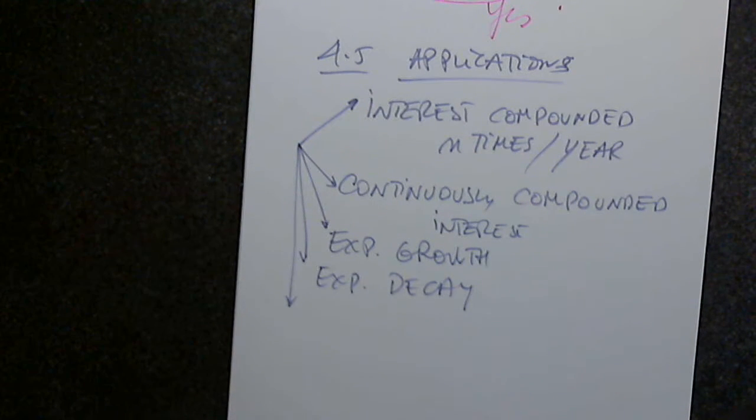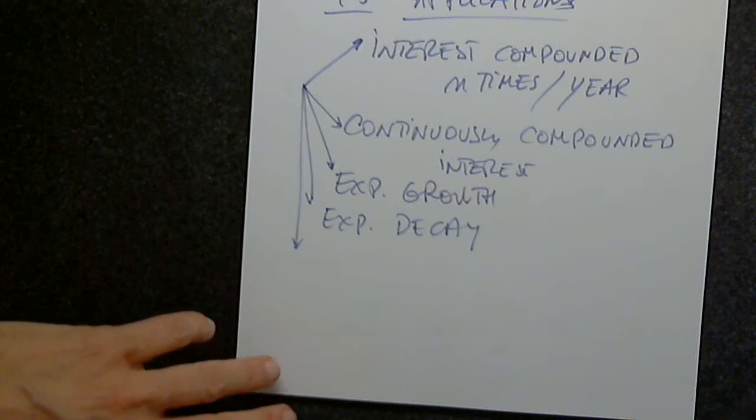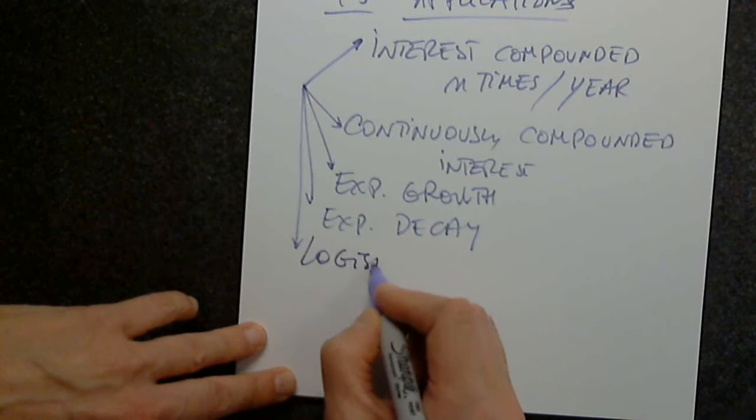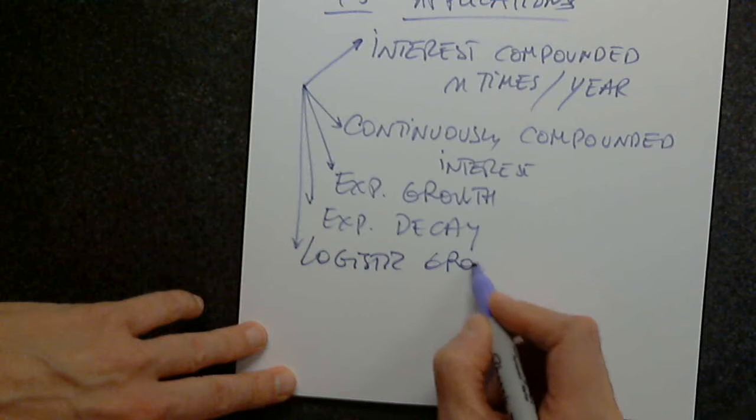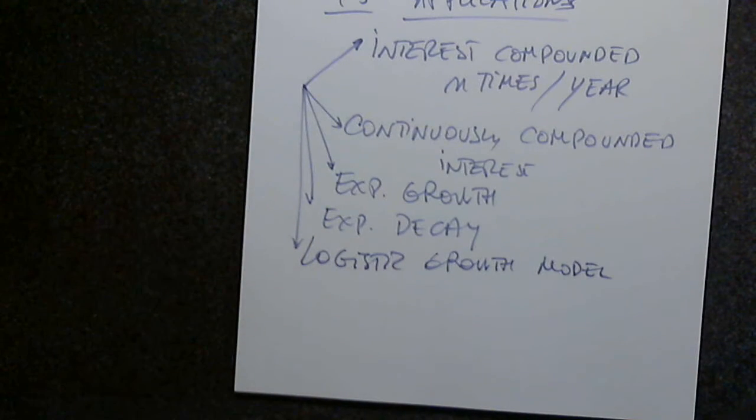How many will I have 2 more days later? And so on and so forth. Okay, that's the exponential decay. And the last one is the logistic growth model. None of these you have to memorize. They will be given to you in the problem.